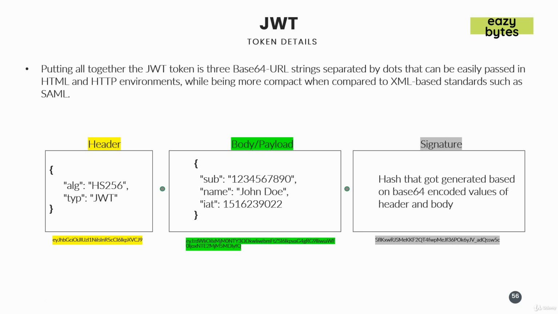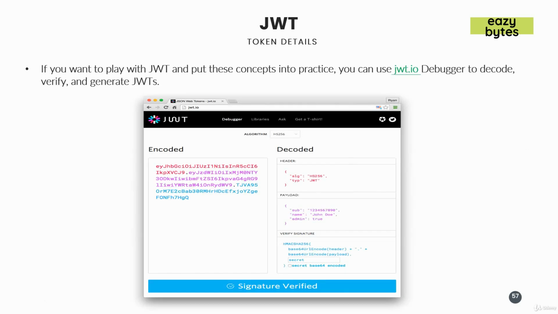In this way you can maintain the credibility of your token and make sure no one tampers with your token in the network. If you want to play more with JWT, you can go to the website jwt.io, which is dedicated to JWT tokens.